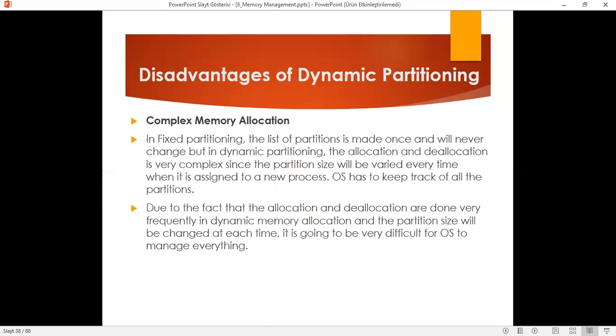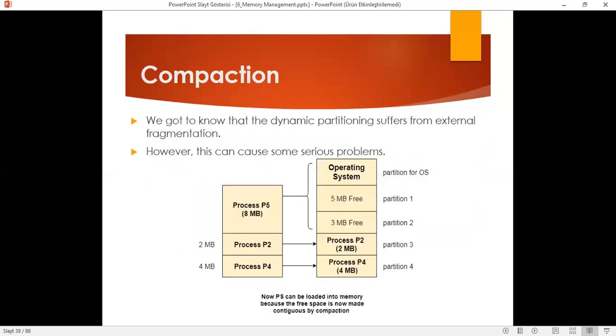The other disadvantage is complex memory allocation, because we are creating a partition for each new process, and then we are deallocating. We have to remember the space that they left. All these things are very complicated, and it will actually decrease the efficiency of the system. So one of the disadvantages is this.